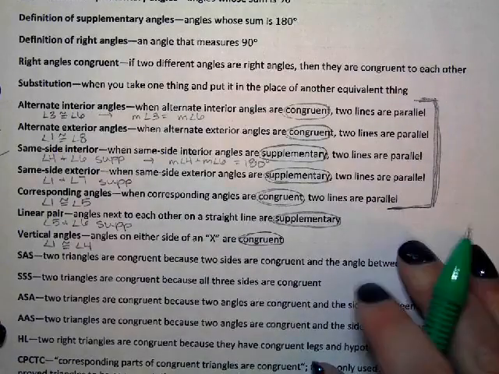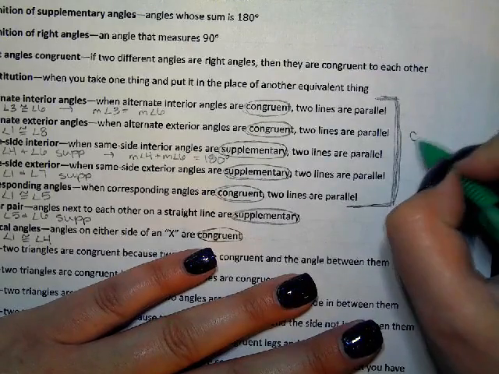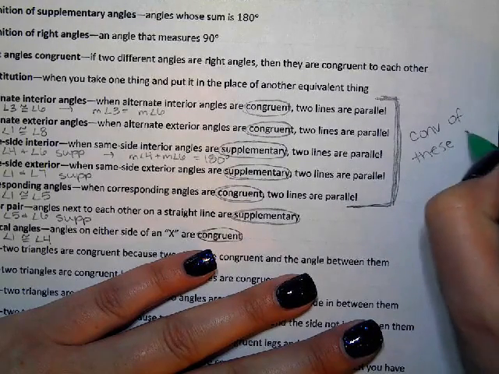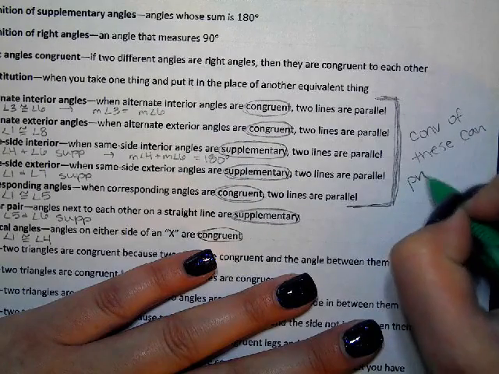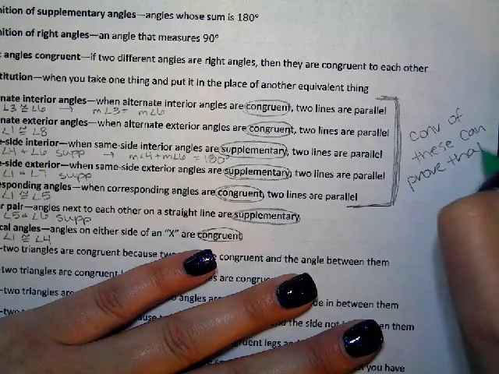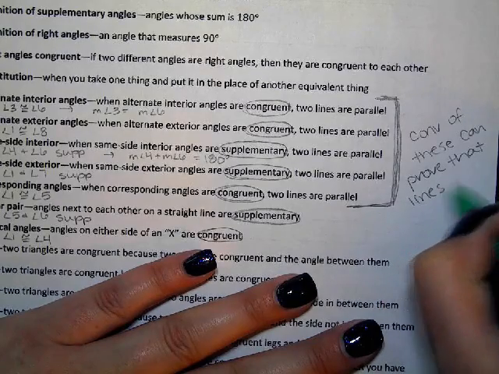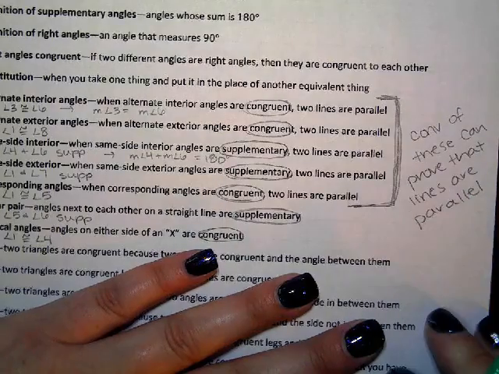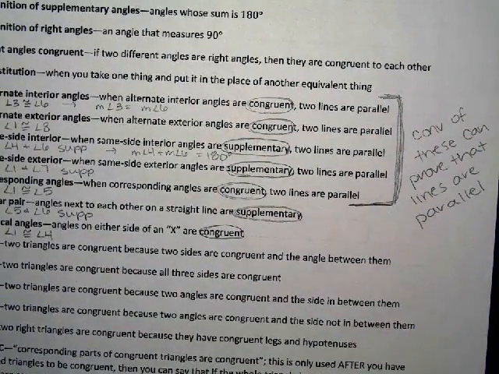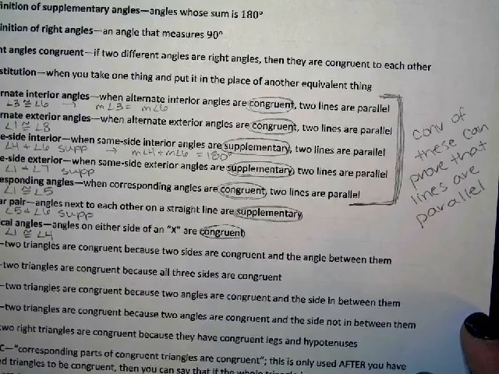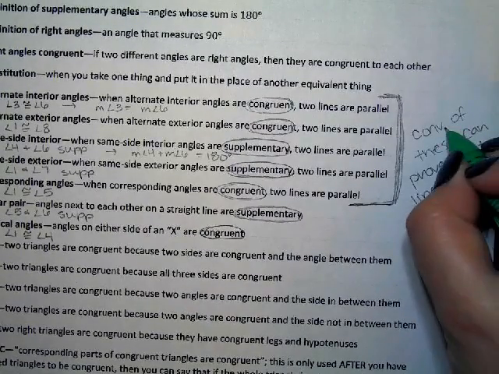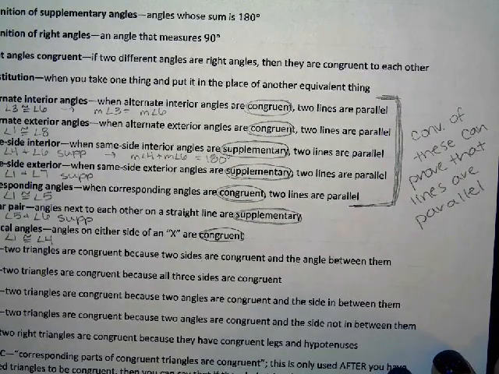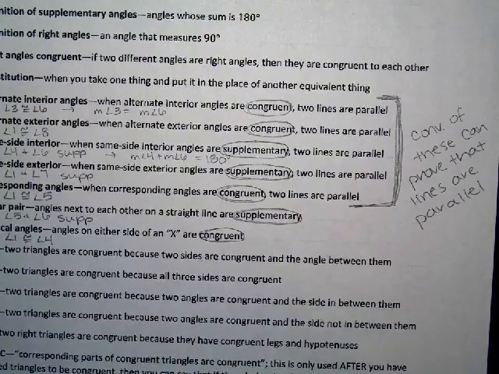And I'm going to write converse of these can prove that lines are parallel. Okay, so that kind of gets all those angle relationships in there if we were to brain fart on a test. Does that make you feel a little bit more comfortable about if we were to forget those? Okay, so I think at this point we've got everything.